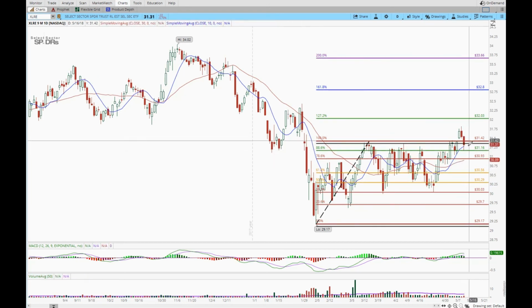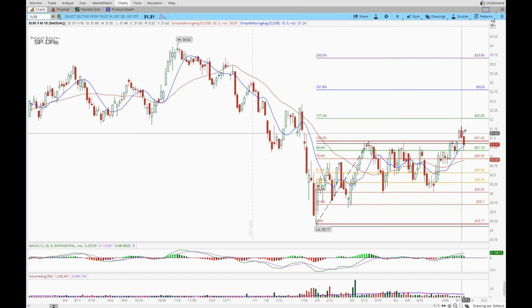So we would expect that this one would resume the uptrend soon, and then go to 127.